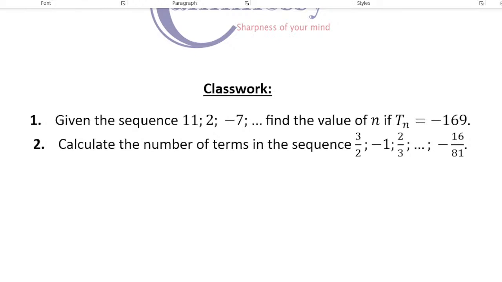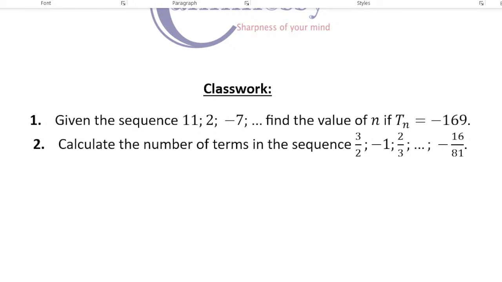So let's get started. So based on what you have learned, what kind of sequence is number 1?